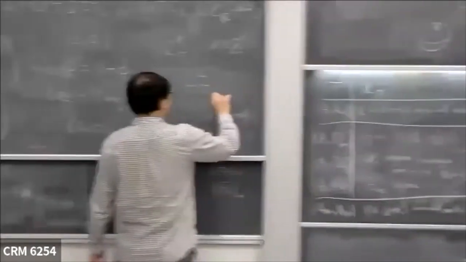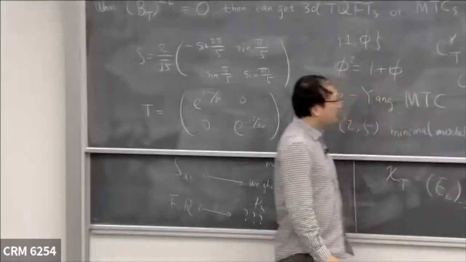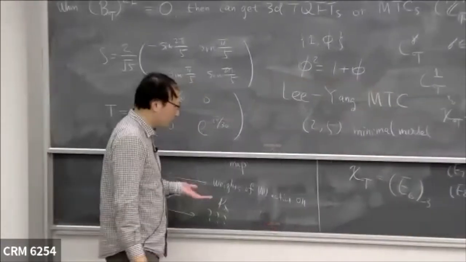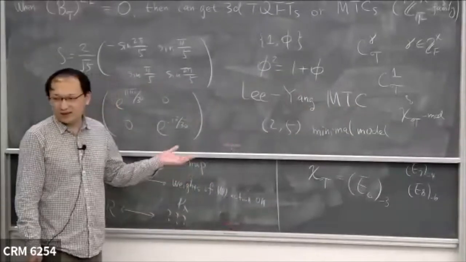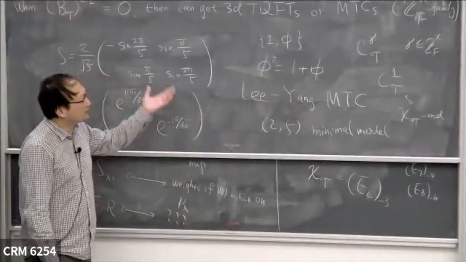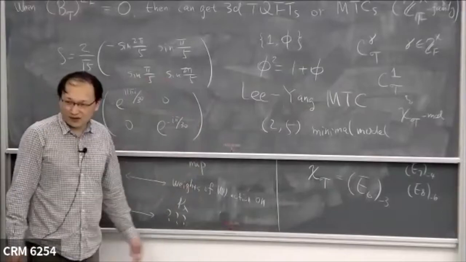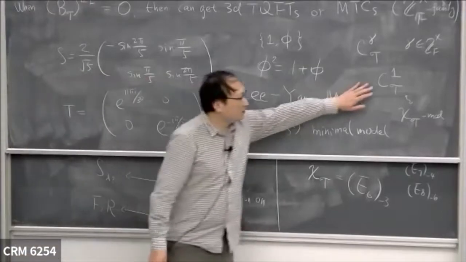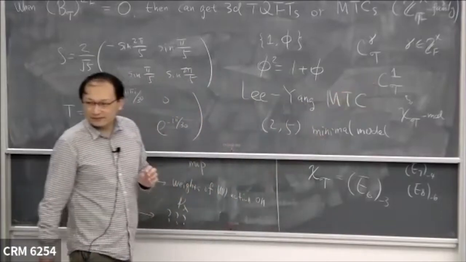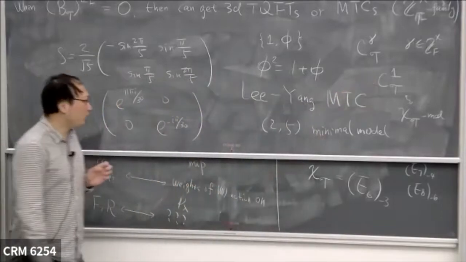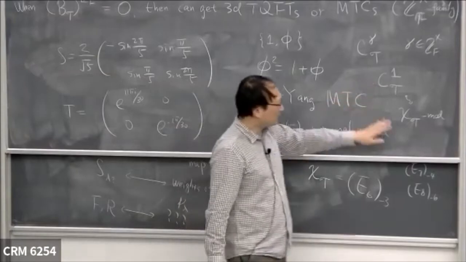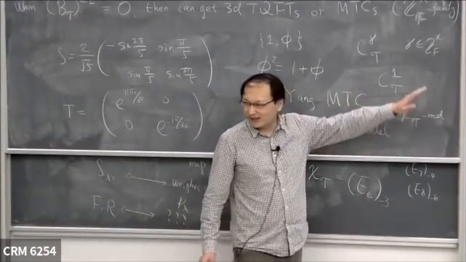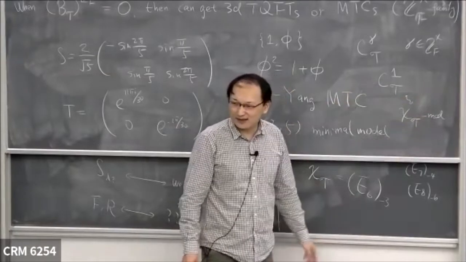So there's some connection here. For the other guys, I don't know how to interpret that in the VOA language. It seems to just be some family of Galois orbits of the original guy, without a very clear interpretation to either the Higgs branch or this chiral algebra.